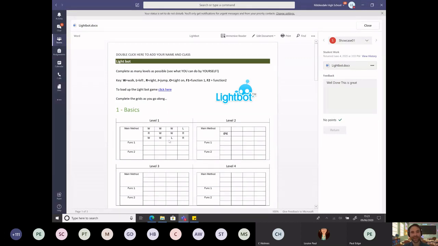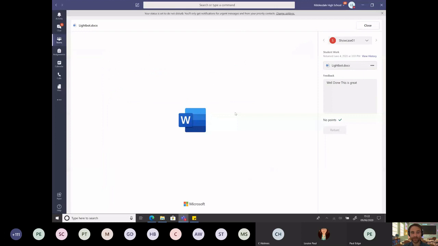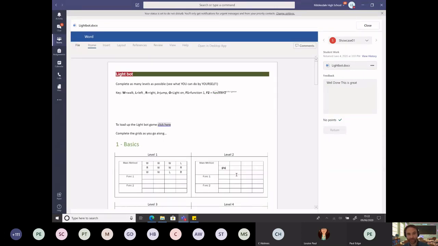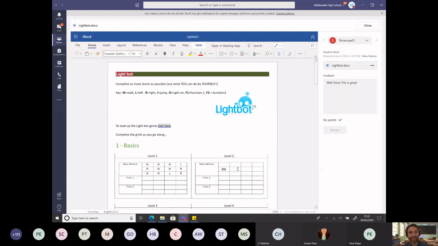Now, a question we got asked last time is can we edit this document? Of course we can. As a teacher, we can edit the document in either the desktop app or the browser, and anything that I edit on there, the pupil will see. Once again, you would need to think of how this is done within your own establishment. What we do is we use a colour system.